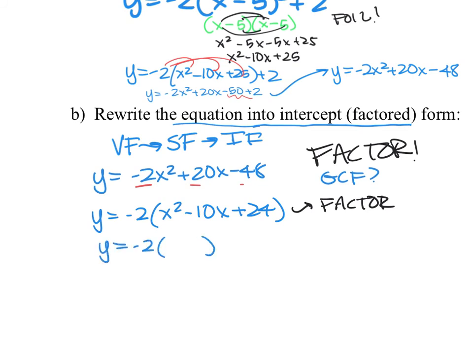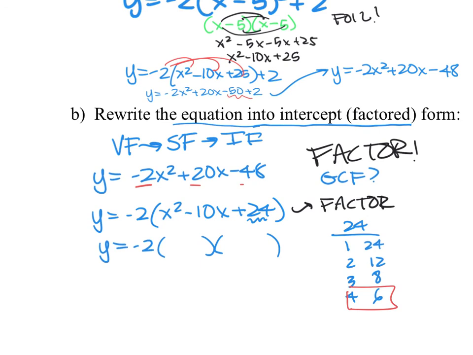So what does that mean? We have those factors. Again, let's take a look at this the old-fashioned way. We need to get to a 24. 1, 24. 2, 12. 3, 8. 4, 6. So which one of those can get us to a 10? Well, if you look at combining these, a 4 and a 6 can get us to a 10.